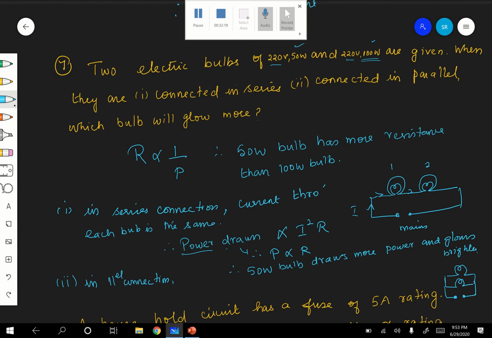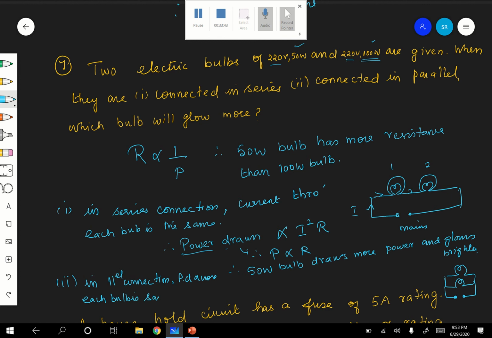Therefore, V is the same. Correct? The potential V is the same. Are you following? Is it clear? Therefore, in parallel connection, the potential difference across each bulb is the same.